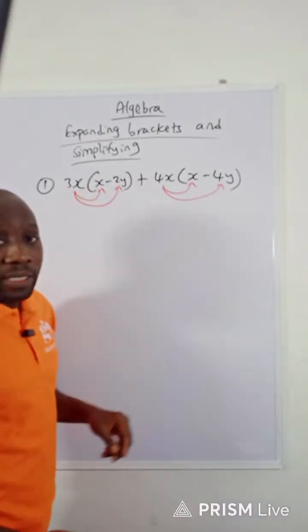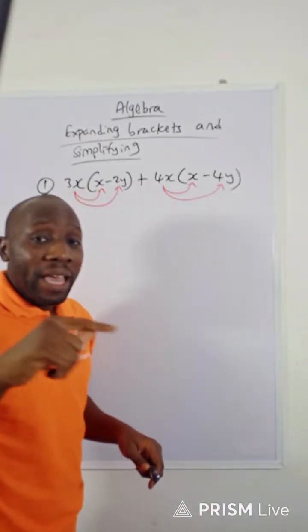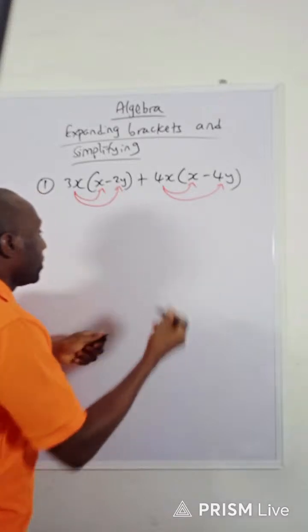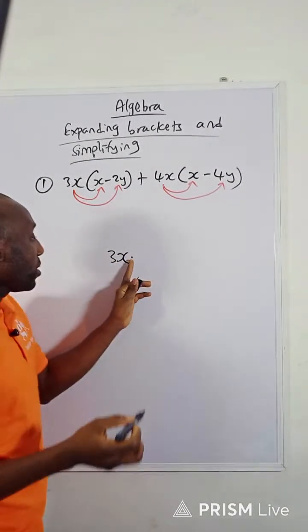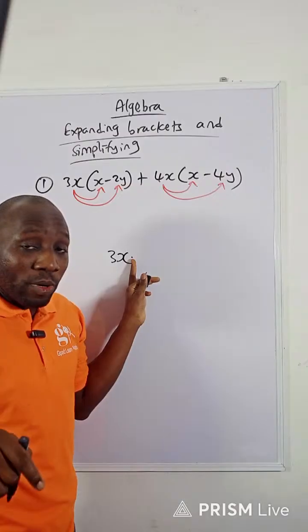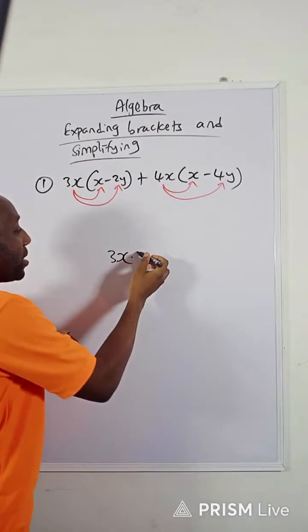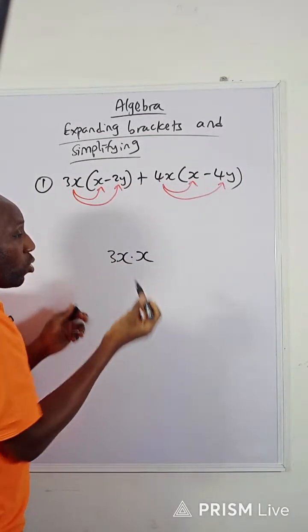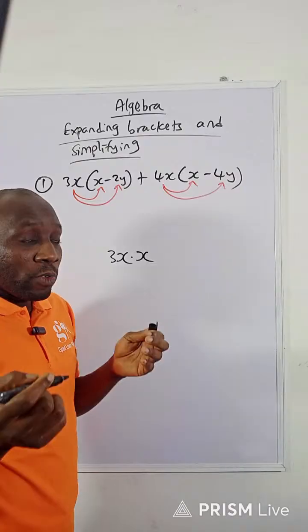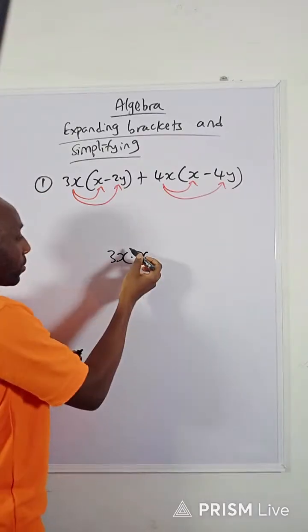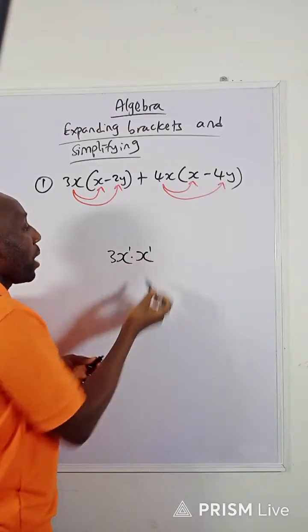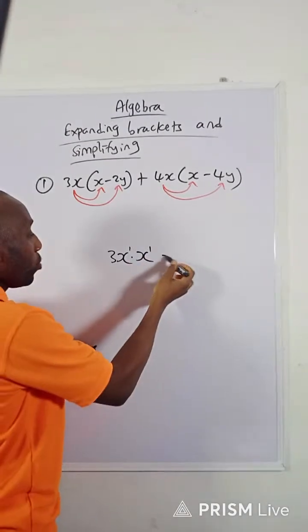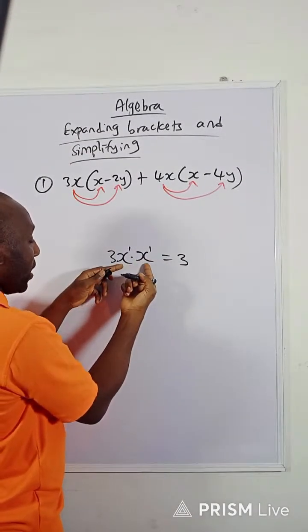3x times x is what? It is 3x squared. Let me just write something here. I'll be using this dot; this is not a decimal point, it is a dot. So if I say 3x times x, from one of the laws of indices, for those of you who are familiar with those laws, this has a power of 1. This also has a power of 1. So this will be 3x, same base.